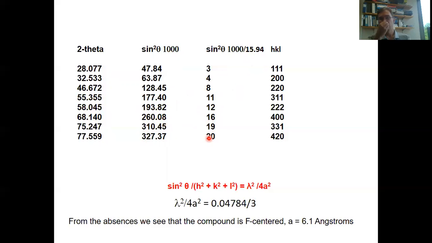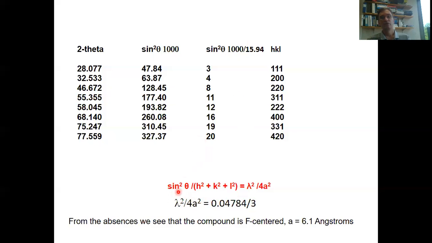So now we can again calculate our lattice constant from our common factor. We have previously seen that lambda squared over 4a squared is equal to our common factor divided by 1000. So it is in this case 0.04784 over 3, or 15.94 divided by 1000.